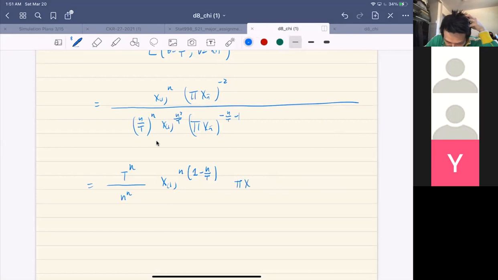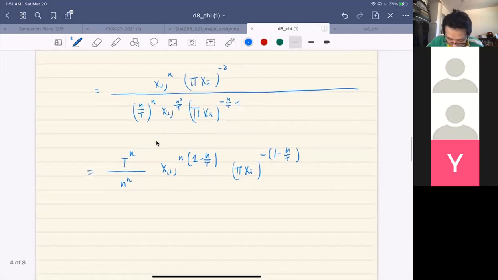And the product of Xi has power negative this plus 1 plus this minus 1. So it can be negative 1 minus this.